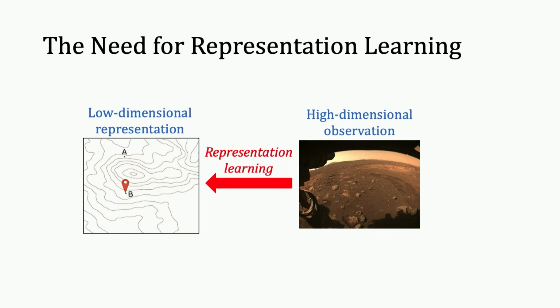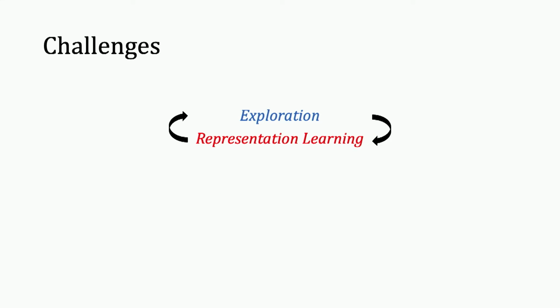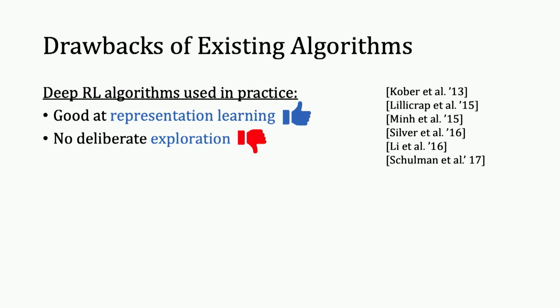This map from high-dimensional observation to low-dimensional representation is known as representation learning, and as I just said, it's a chicken and egg problem because exploration will help with representation learning, while representation learning is needed to explore. Okay, so what I will discuss in a bit is a particular problem where we're able to resolve this chicken and egg problem. So what are the drawbacks of existing methods?